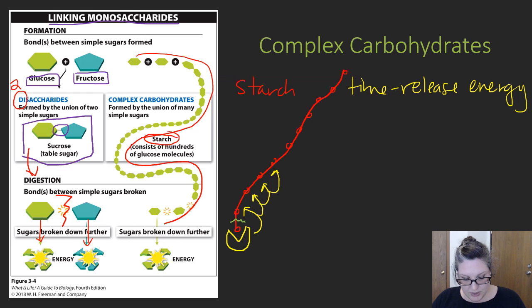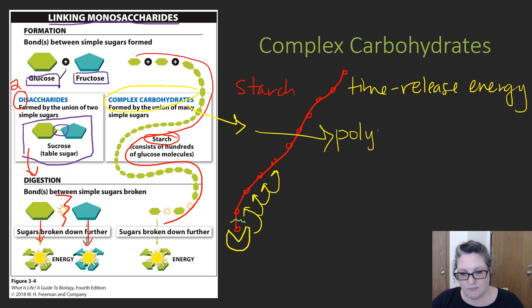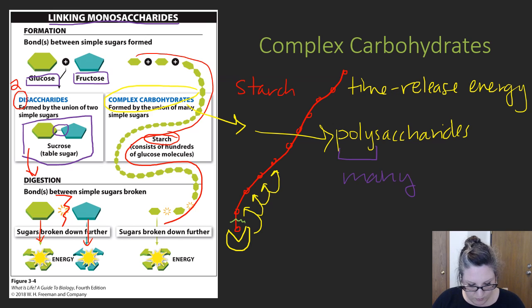They can actually be up to 10,000 molecules of these, and these are what we also call polysaccharides. So complex carbohydrates are also called polysaccharides. Poly means many. So many sugars at once.